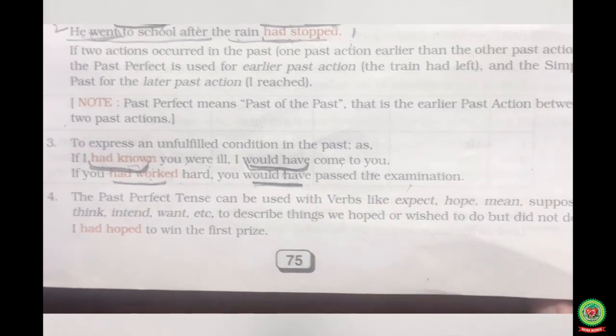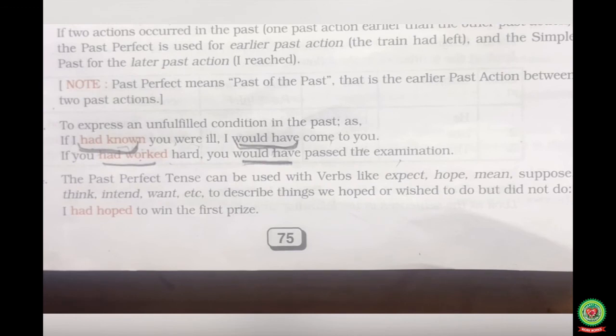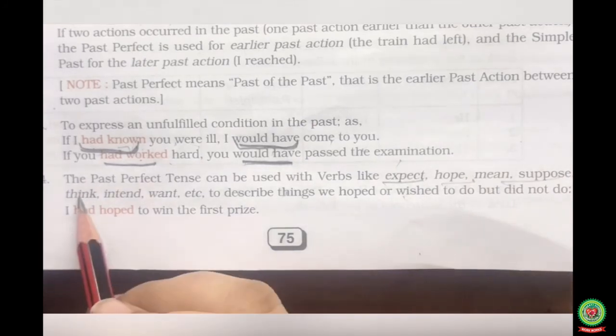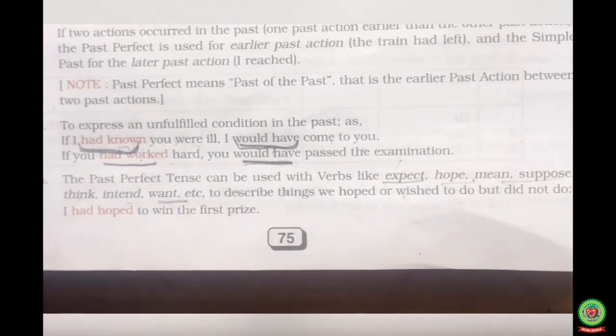Now the last one, the fourth point is the past perfect tense. Your past perfect tense can be used with verbs like expect, hope, mean, suppose, think, intend, want, to describe the things we hoped or wished to do but did not.